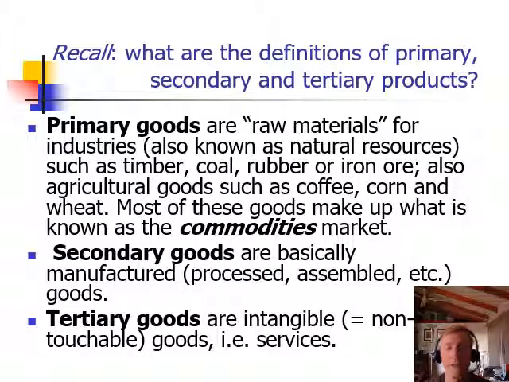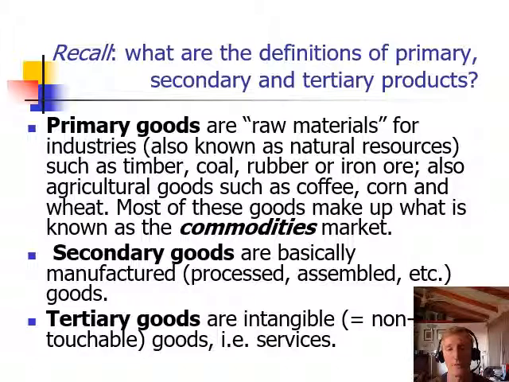Now let's take a look at how we can use this information. First of all, let's discuss the differences between primary, secondary, and tertiary goods. Primary goods, you may recall, are goods in the primary industries that are producing natural products from the earth and the sea. Whatever is agriculture and mineral, that is the sort of thing that makes up the commodities market.